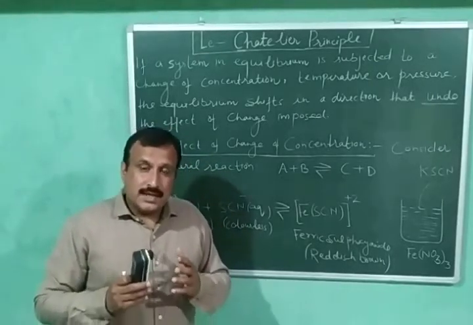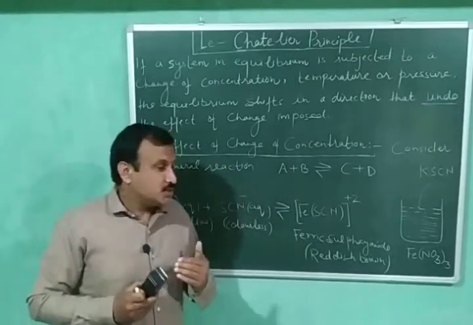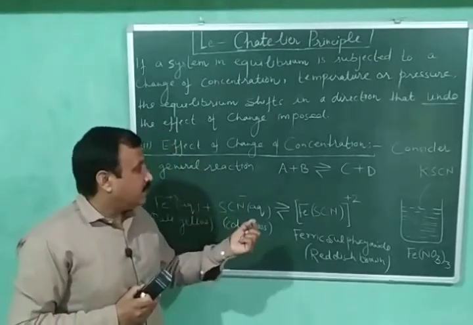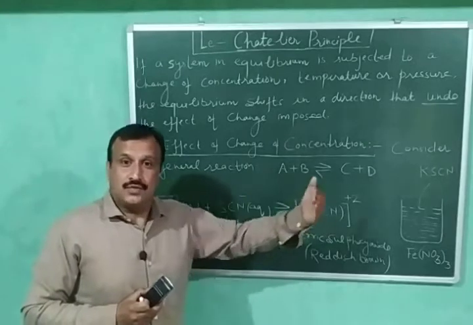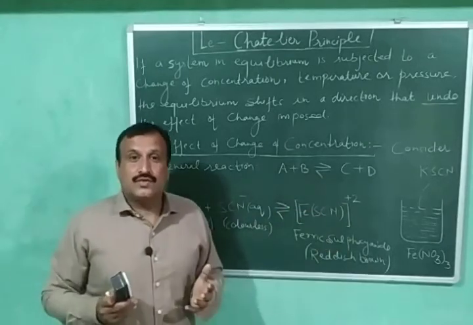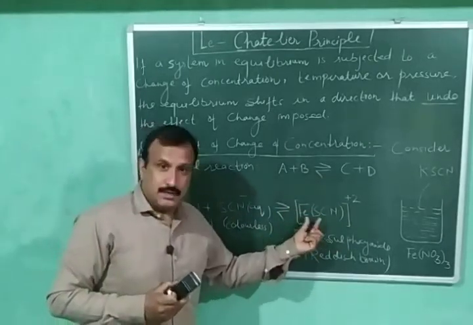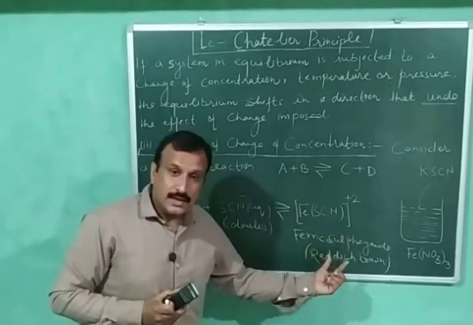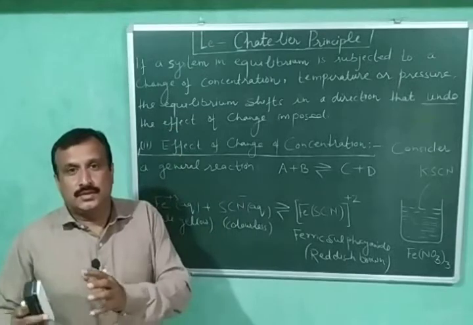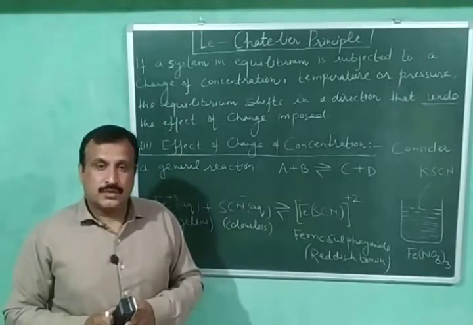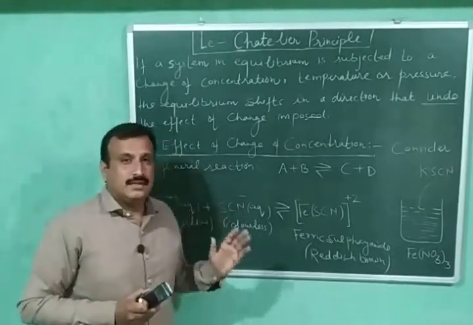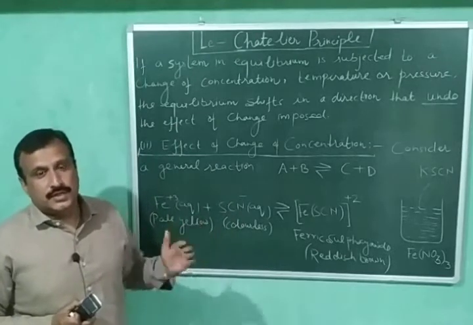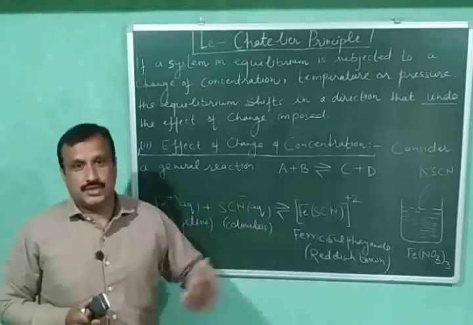This means that the equilibrium shifts in the forward direction, resulting in the formation of more and more ferric sulfocyanide, which is reddish brown in color, and the color of the solution becomes darker. So this clearly indicates that the increase in the concentration of reactants shifts the equilibrium in the forward direction.